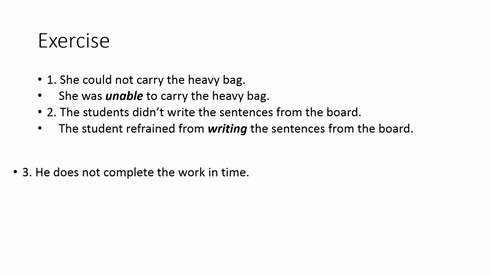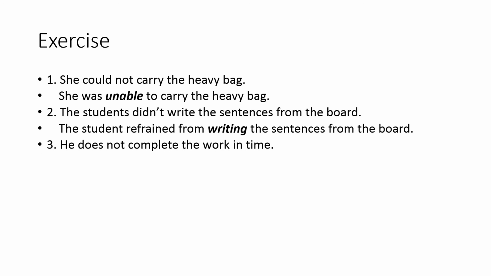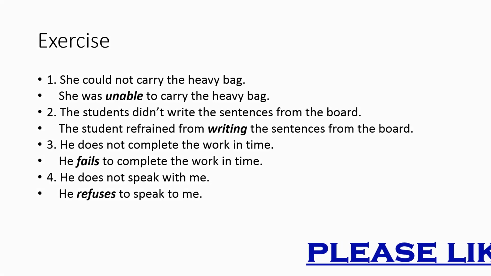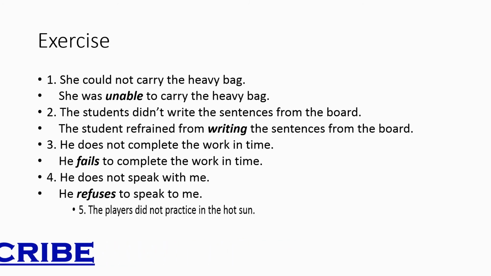Next sentence. He does not complete the work in time. We can straight away say he fails to complete the work in time. Next question. He does not speak with me. Means he refuses to speak with me. Next question.